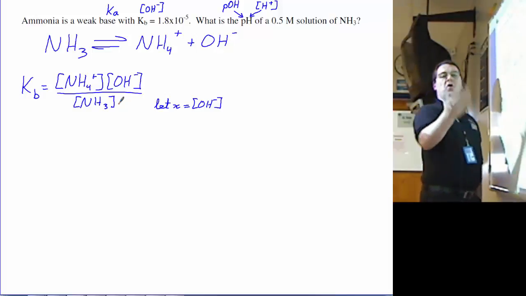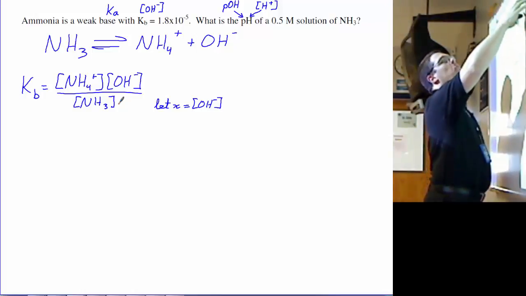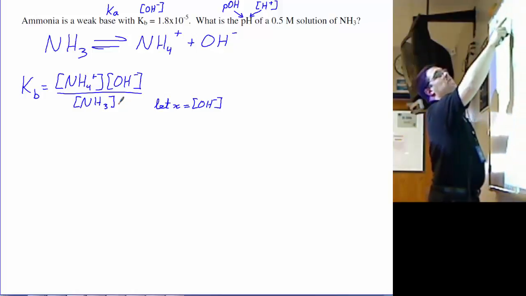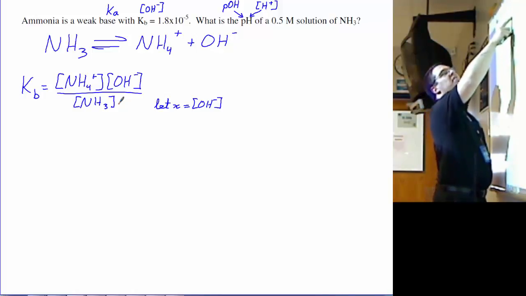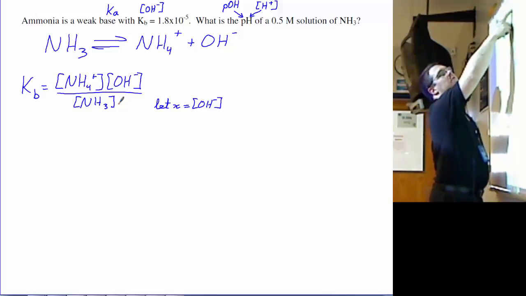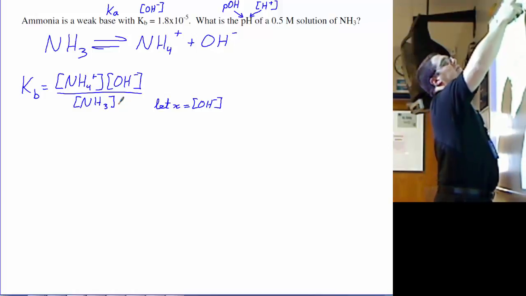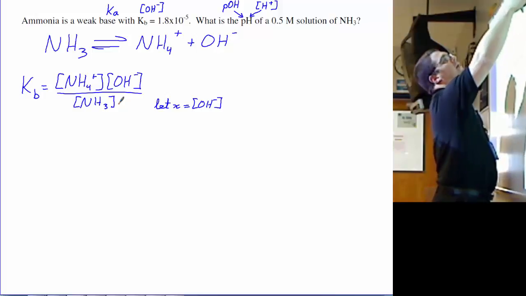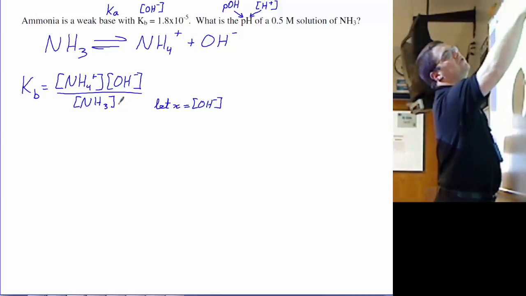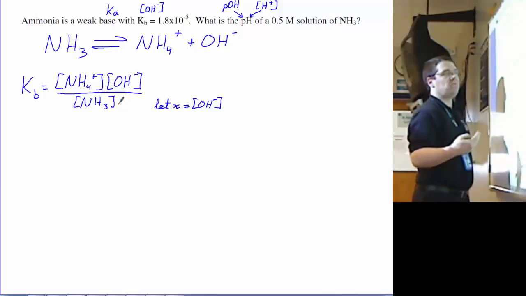When you're approaching these problems, whatever you're asked for, think, what are the ways that I can get to that value? And then ask, from what I'm given, where can I get that information? Like with Kb, I can go to Ka, or I can get to the hydroxide ion concentration. With pH, I can get there from pOH, or I can get there if I know the hydrogen ion concentration. But given that I know the concentration of the weak base, that's usually when you're looking at the equilibrium expression.